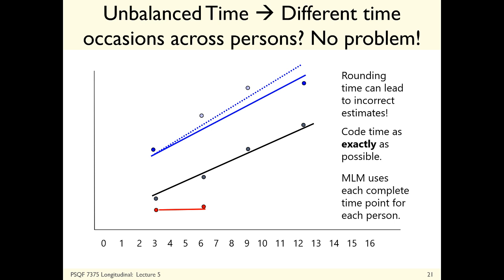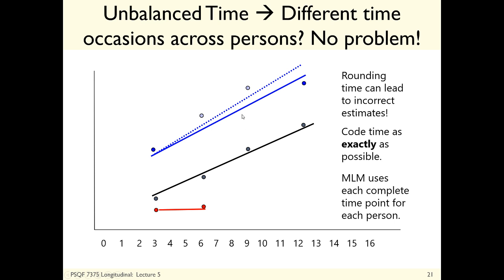So this is what I would call complete data that's unbalanced. I've got 4 occasions. They're just not the 4 I had intended. That's more common than not when you're dealing with real people in the real world. The other thing to keep in mind, though, is a consequence of trying to infer what the slope would be for each person. This person's slope down here that's based on only 2 points is less reliable, so we don't trust it as much.